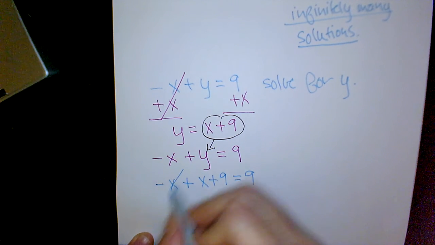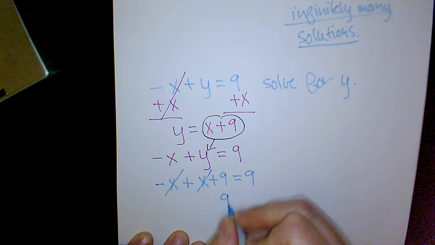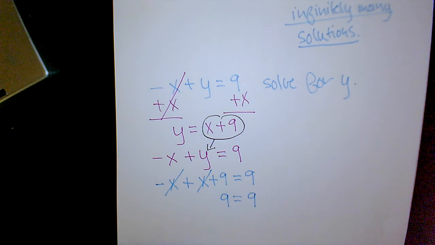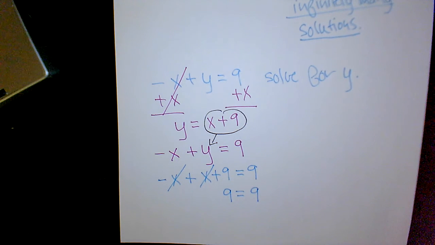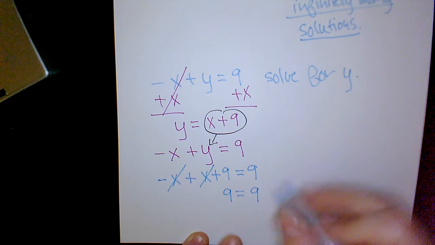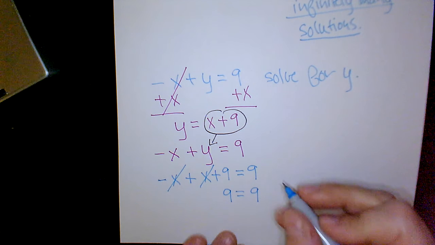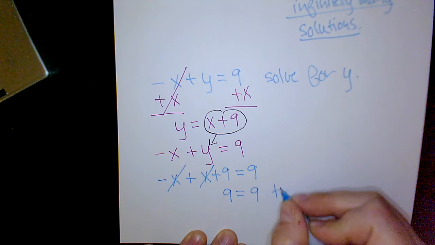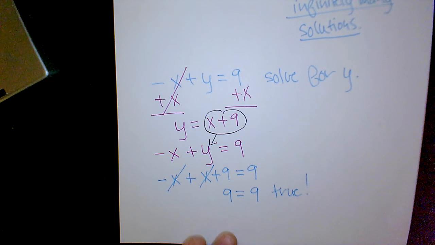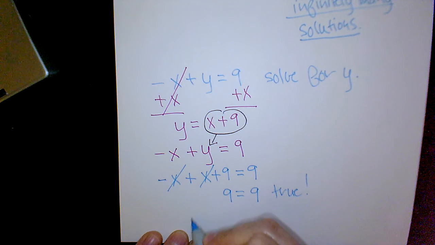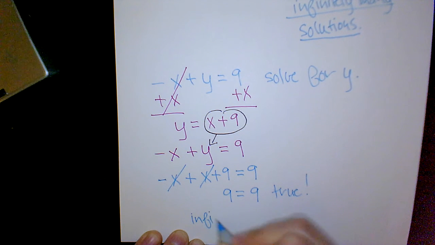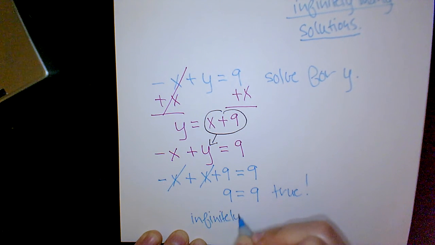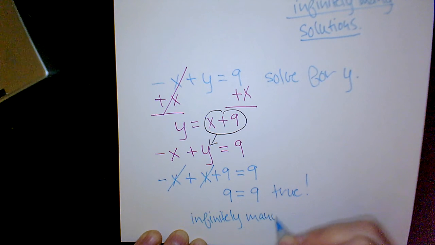These two cancel out. I get 9 equals 9. So when the numbers are equal to each other, 9 equals 9, this is true. This means my answer is infinitely many.